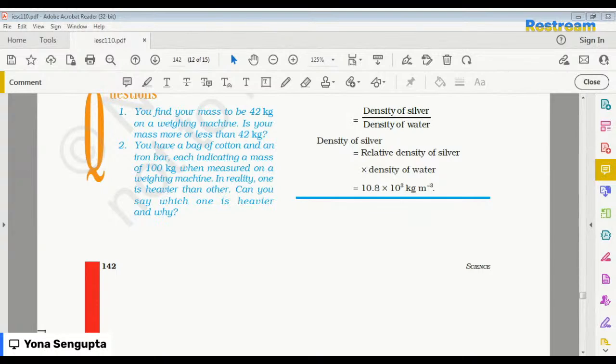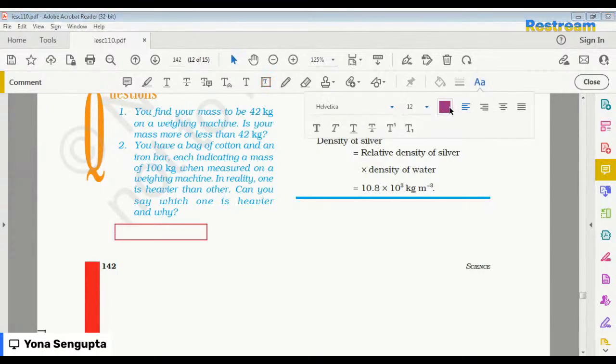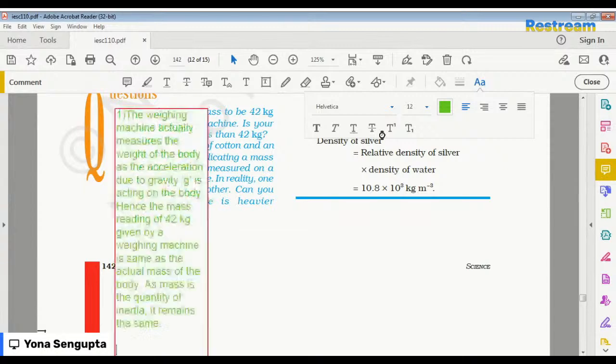So the mass is more than 42 kg, because the buoyant force due to air is acting on us, and the reading of the weighing machine will be less than the actual mass of the person.